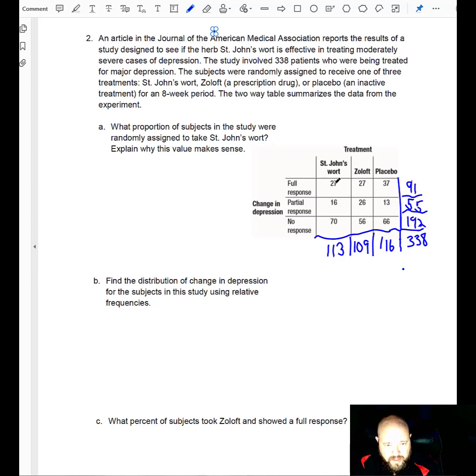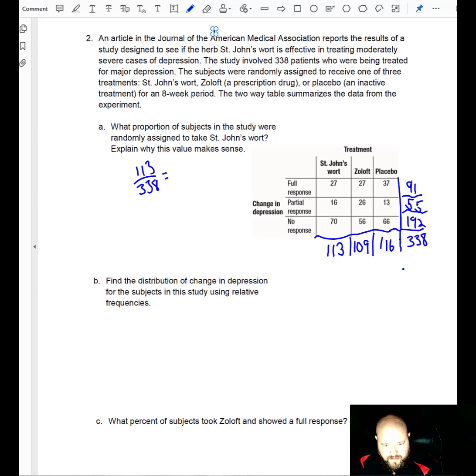So the treatment total for that is 113. Then, what do we need to put that over? Well, we want to put that over the total of everything. So, out of everything that was studied, the Zoloft, placebo, and St. John's wort, we're simply taking 113 and dividing it by 338.